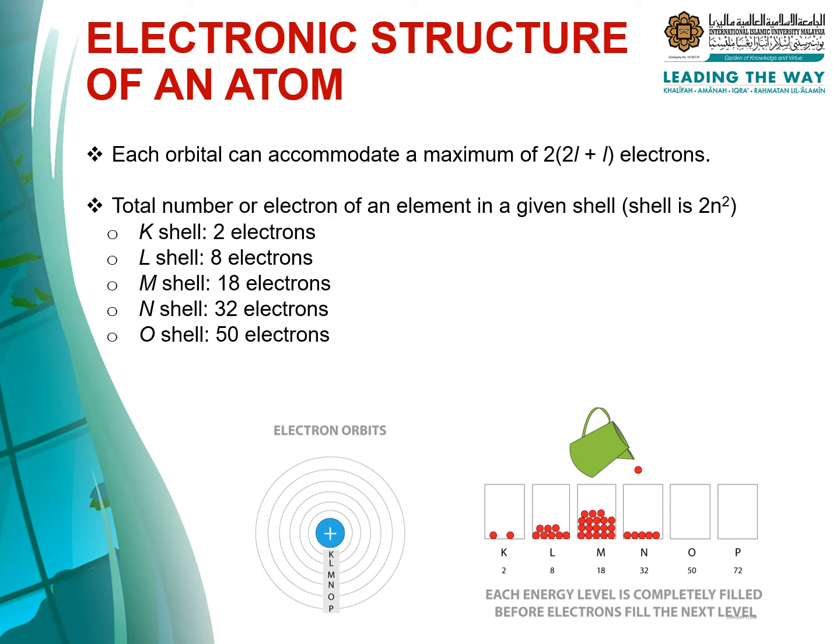Thus, the K shell can contain only 2 electrons, the next L shell 8 electrons, the M shell 18 electrons, the N shell 32 electrons, and the O shell 50 electrons. In an atom, the orbitals are filled in order of increasing energy, that is, the lowest energy orbital is filled first.